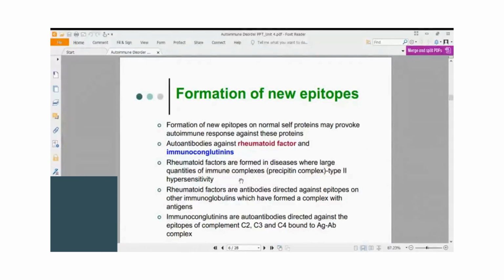They also bring about the same amount of damage that was brought about by rheumatoid factor. So this is how, when unregulated things take place in the body, they could initiate the autoimmune response.